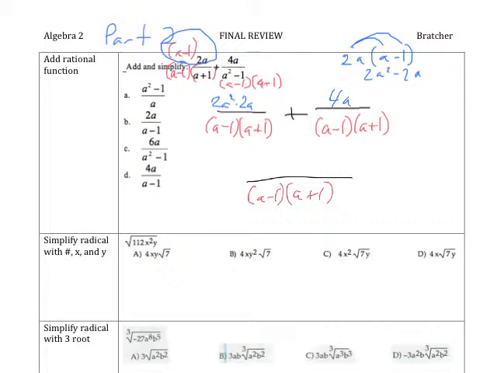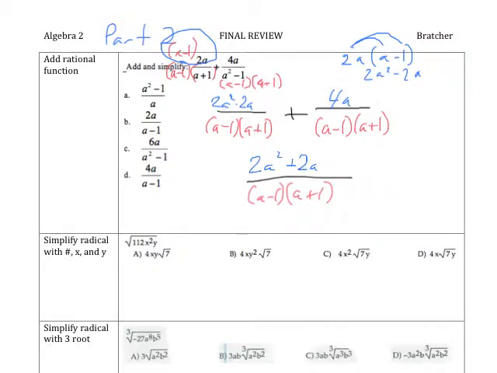Furthermore, on top, we can combine like terms. This is 2a squared minus 2a plus 4a. The minus 2a and the plus 4a can combine, and negative 2 plus 4 is positive 2. So what I get across the top is 2a squared plus 2a.